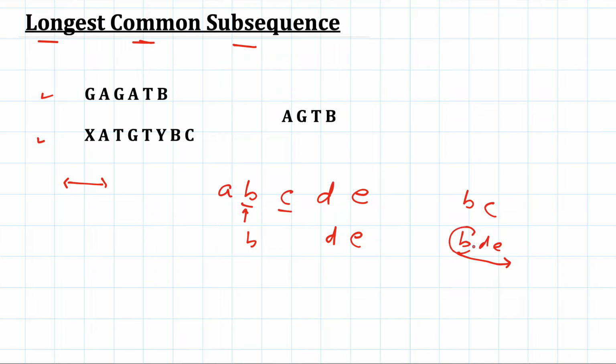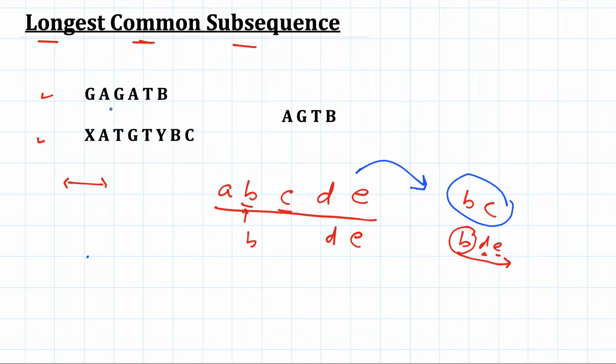B came before D, and in the original string also B comes before D. Similarly, D comes before E, so their relative ordering is maintained. This is the definition of subsequence. We are picking some partial or even complete part of the original string, but their relative ordering is preserved.